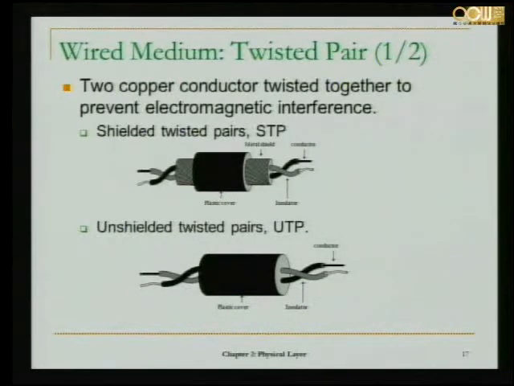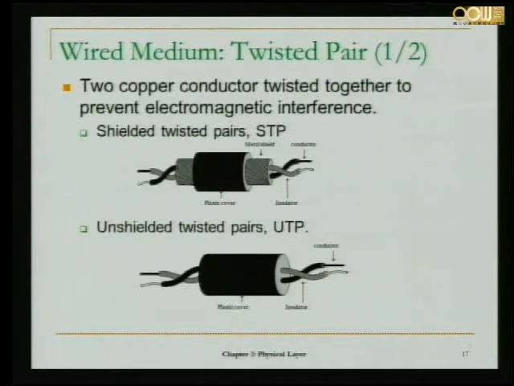And then there are still two variations. One is shielded twisted pair, and the other is unshielded twisted pair, STP and UTP. The shielded twisted pair has another metal shield covering the twisted pair.